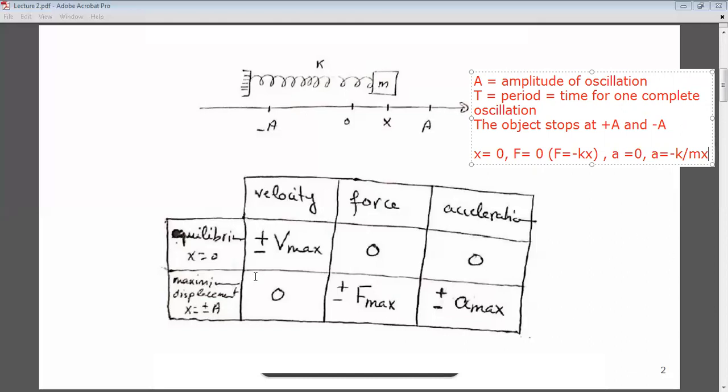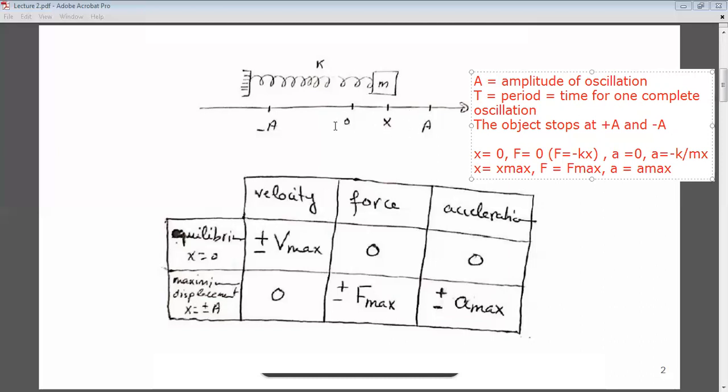Now, if we are at the maximum position, so if x equals x maximum, then the force is maximum and the a is maximum. We just have to pay attention that if it is at plus A, so x is positive, the force is backward, so it is negative.